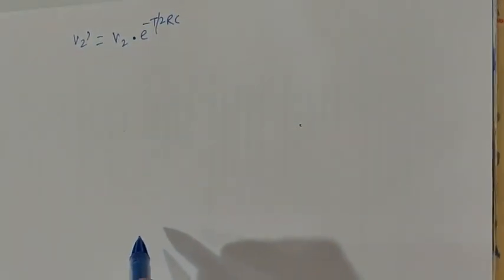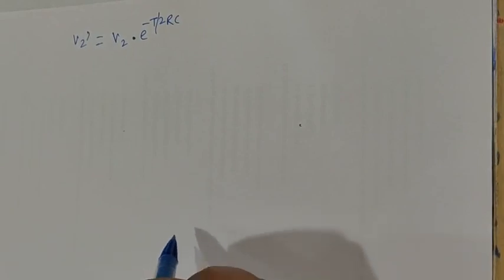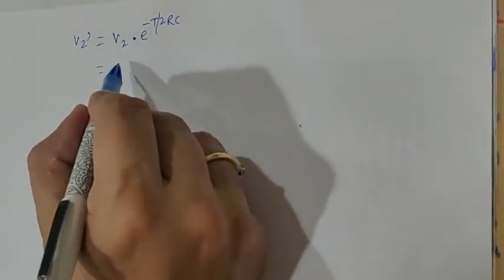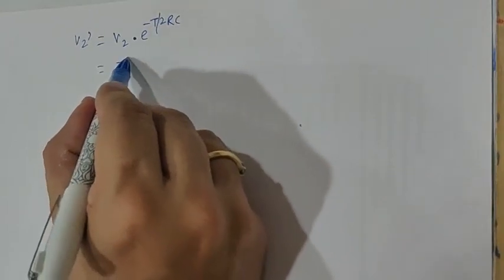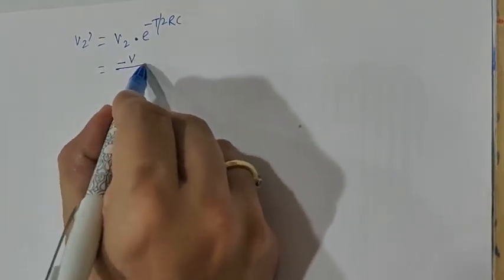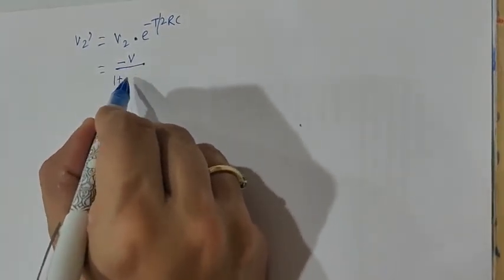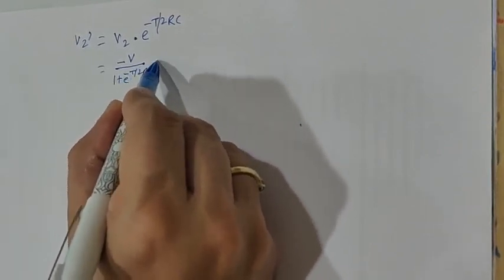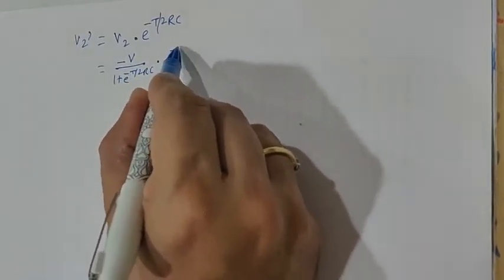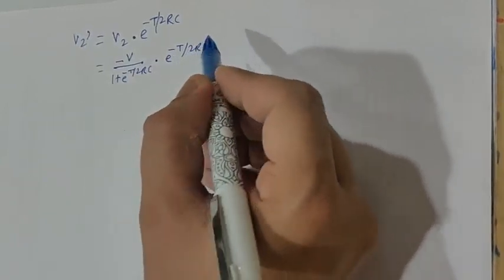Simple term. Now that is equal to minus V upon 1 plus e to the power minus t by twice RC, into e to the power minus t by twice RC. From where has it come?